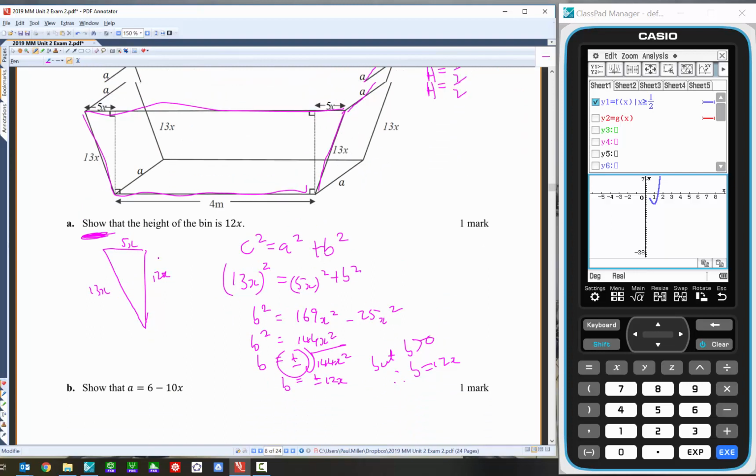Oh, how am I going to do this? I need to see that picture. So I'm going to note that 20 is equal to the addition of all of these sides here, which is going to be 4 plus 4 plus 5x plus 5x plus 5x plus 5x over the other side, plus a plus a.